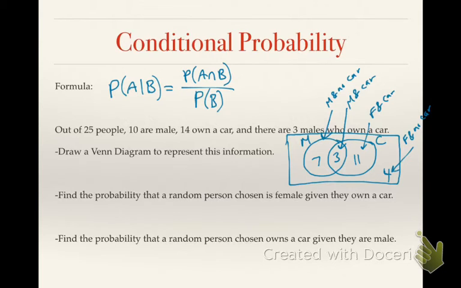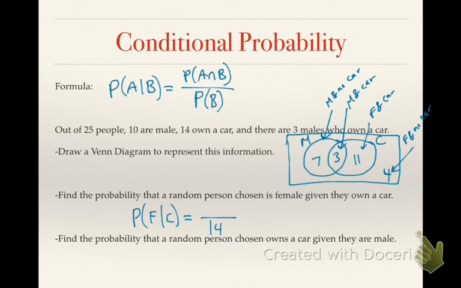So there's my diagram in terms of number of events, number of outcomes. Now it says find the probability that a random person chosen is female given that they own a car. So what we're doing is we're finding the probability that they're female given that they own a car. So we're looking at just the number of people who own a car, which is 14 people.